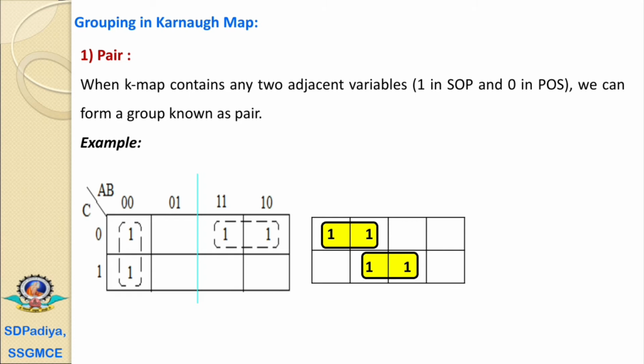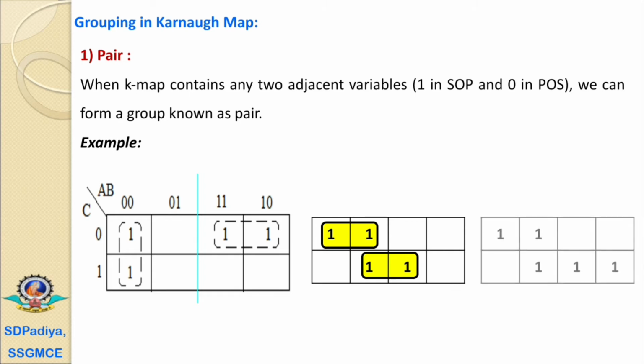Here we can form a third group also, but it is not necessary. If every variable is covered, then there is no need to form any extra group. The number of groups must be minimum, but the group must be of the maximum variables.